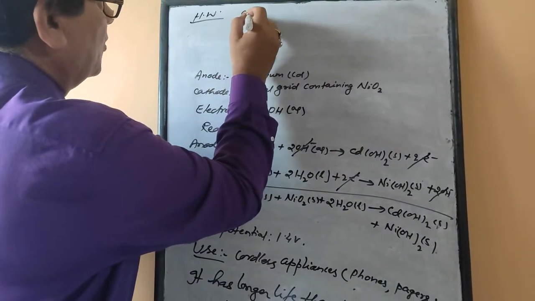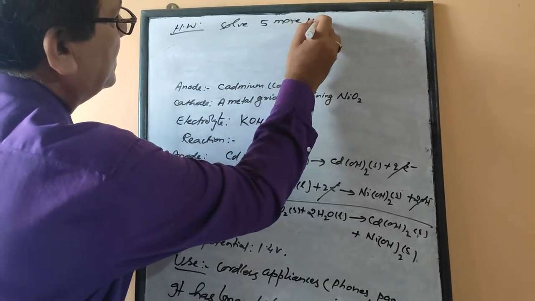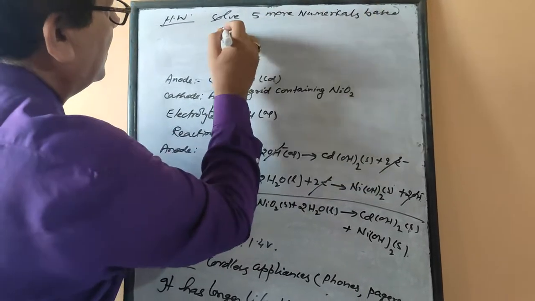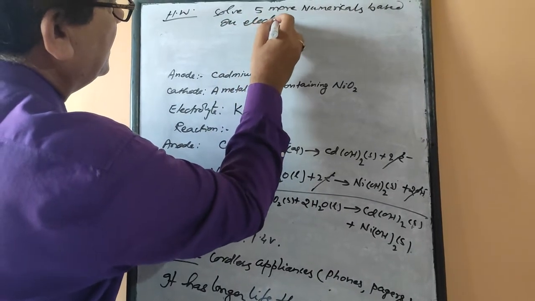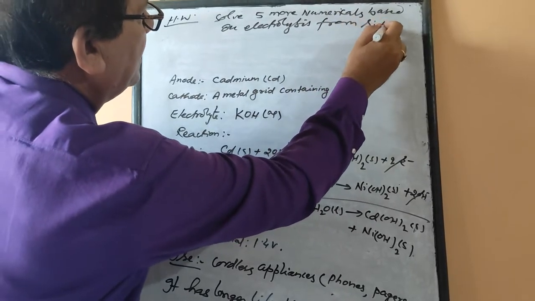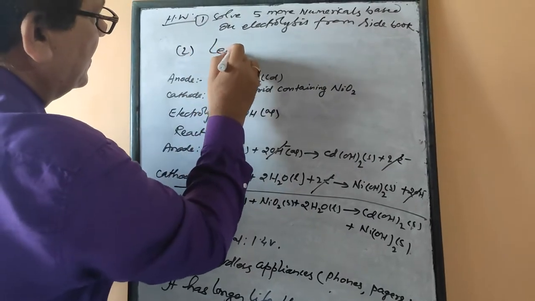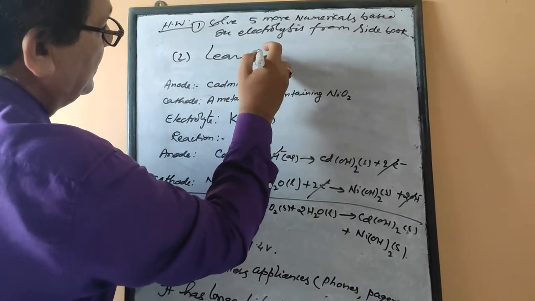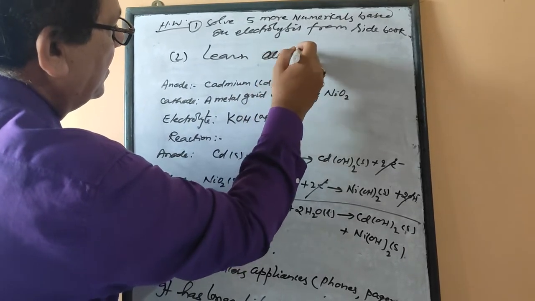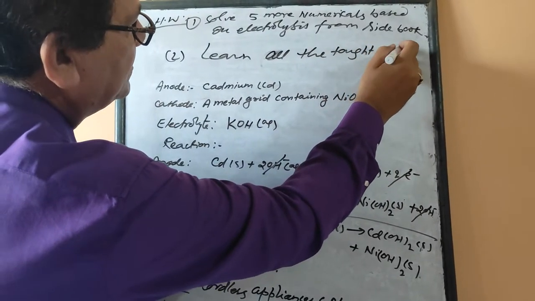So here I solve 5 more numericals based on electrolysis from a side book. This is one. And second, learn all the batteries taught.